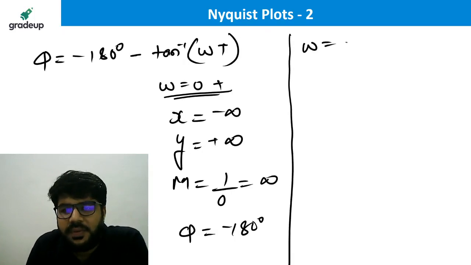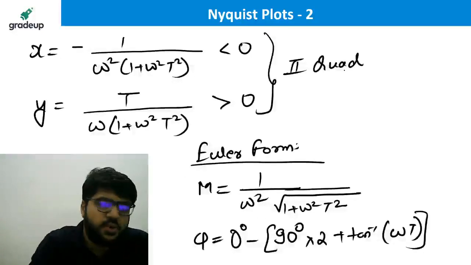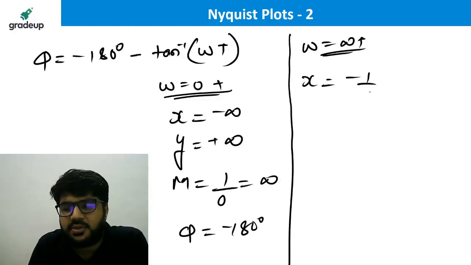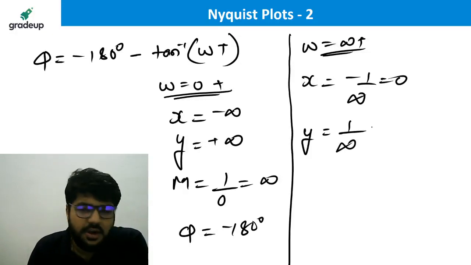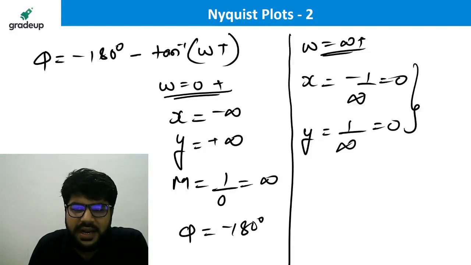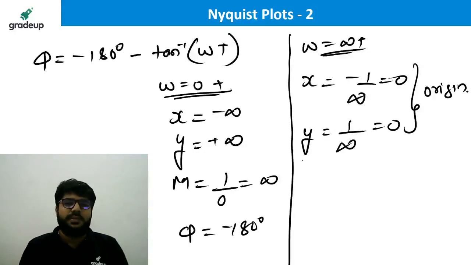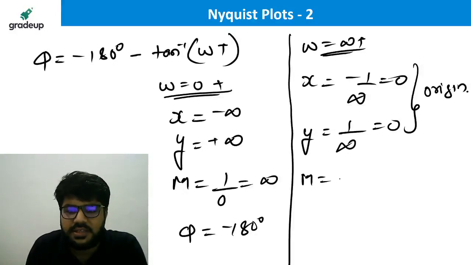At omega equal to infinity plus, x is equal to minus 1 by infinity, since omega is only in the denominator, which is 0. In y also omega is in the denominator, 1 by infinity is 0, so x equal to 0, y equal to 0. Again I say that the Nyquist plot will be going towards the origin, diving towards the origin.